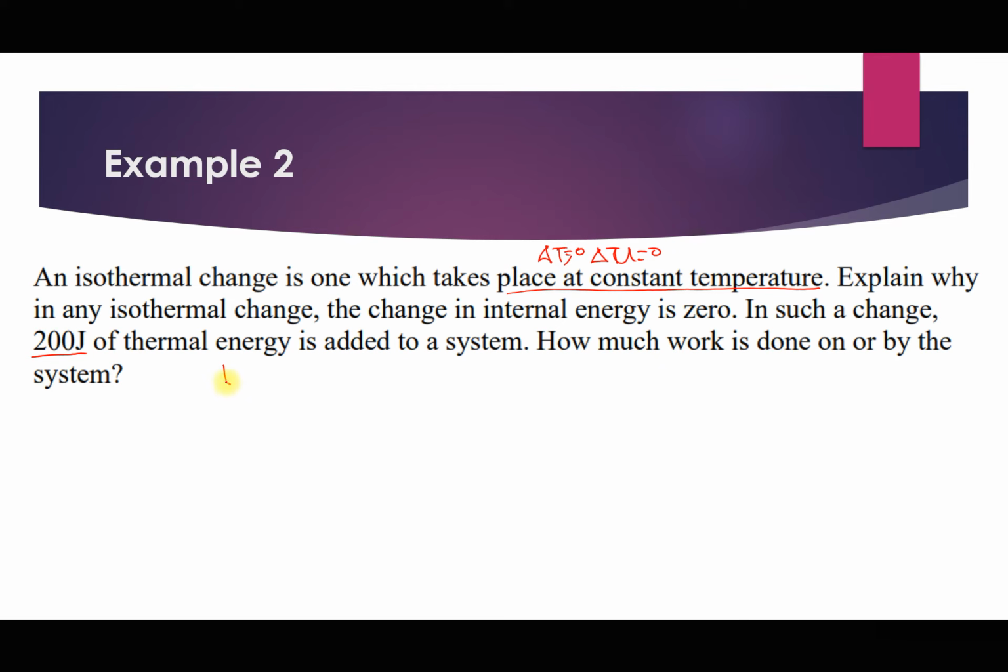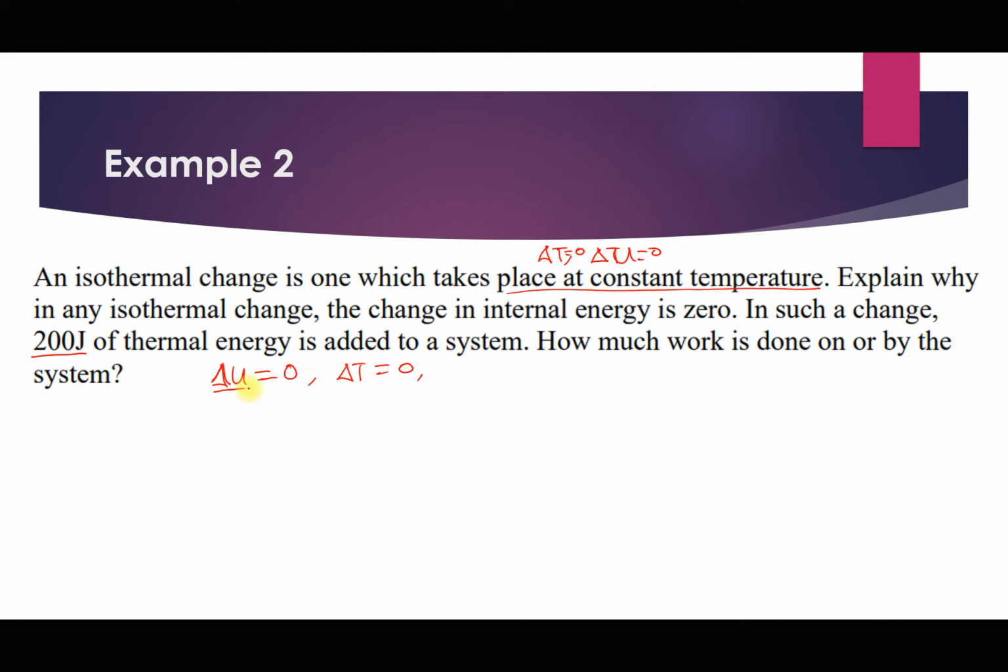If we assume that the system is an ideal gas, for example, for an isothermal change, the change in internal energy is equal to zero because the change in temperature is equal to zero.